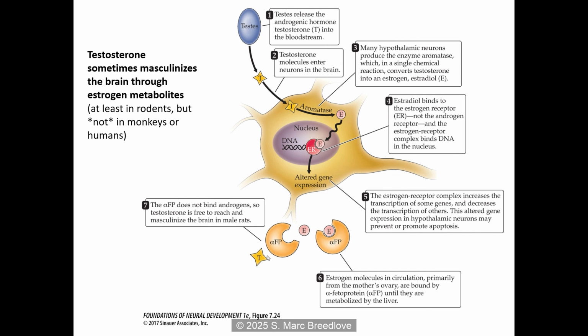Questions about that? And by the way, the aromatization hypothesis, you have to understand it to understand the rodent literature, but it almost certainly plays no role in humans, right? So if there are any effects of hormones early in life masculinizing the human brain, they can't be through estrogens. Because remember the AIS women?